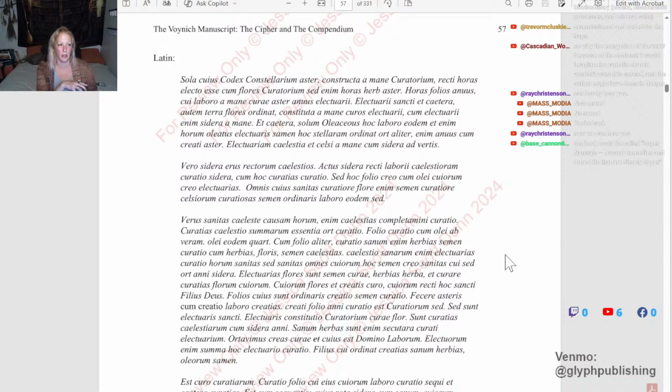Cum electuari enim sedera amene, et cetera solum olecius, hoc laboro eodem et enim orum oleatus electuaris samen, hoc stellarum ordinat ort aliter, enim annuus cum creati aster, electuarium celestia et celsia amene cum sedera advertis.